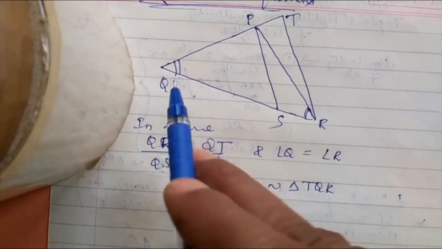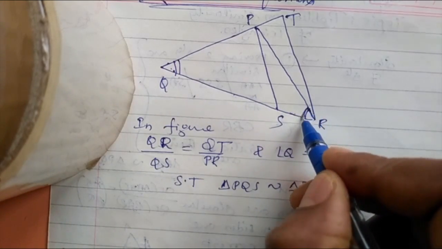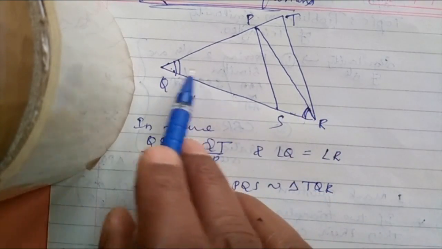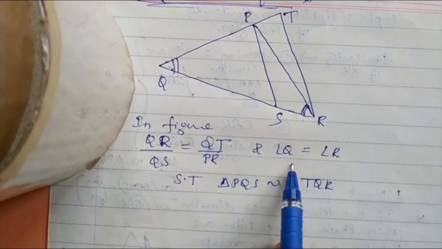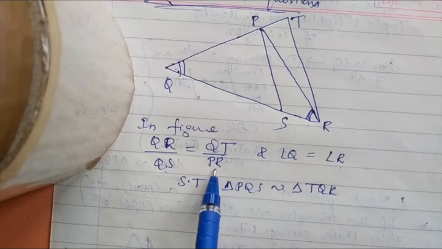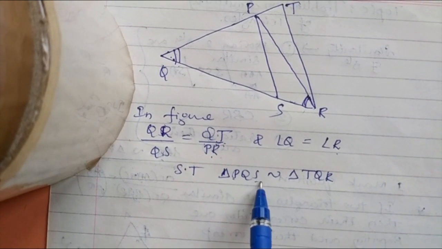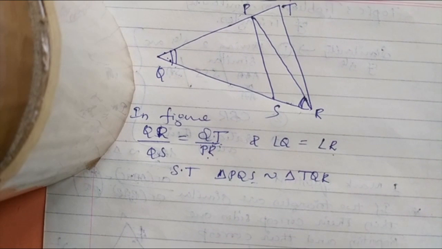In the problem figure, angle Q is equal to angle R, both are already equal because they are shown by double arcs. So angle Q and angle R are equal. It is mentioned already. QR by QS and QT by PR are also equal. Two ratios are already equal. Show that triangles PQS and TQR are similar. We need to prove similarity.